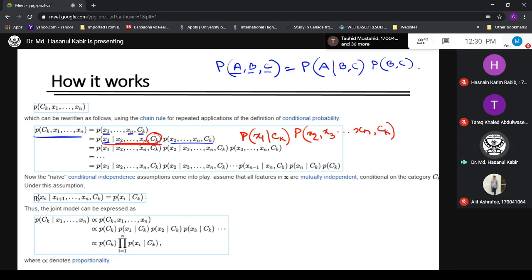This term, probability of x1 given x2, x3, xn and class, since we have assumed the features are independent, x1 is no longer dependent on the other features x2 up to xn. So if A is not dependent on B, then I can write probability of A given C, times probability of B and C. Yes or no?